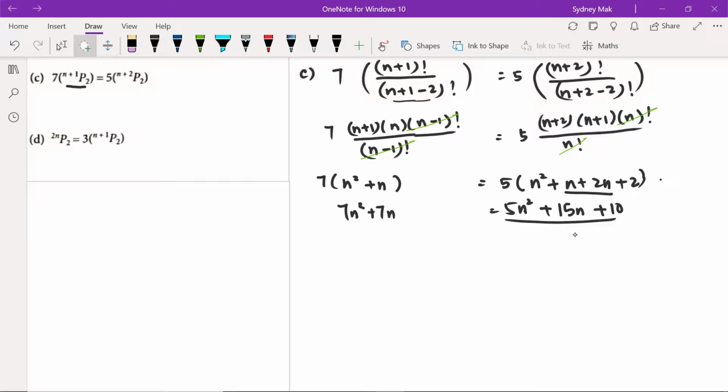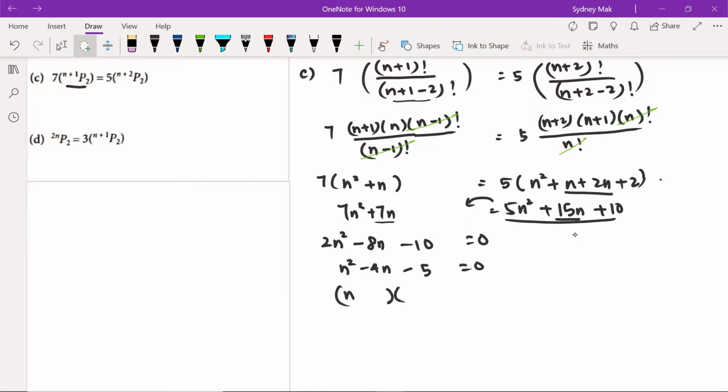Okay, group everything to the left side. So 7n squared minus 5n squared, we have 2n squared, and then plus 7n minus 15n, so negative 8n, and then minus 10 equals 0. Always simplify before we factorize. So everything divided by 2. So we will have n squared minus 4n minus 5 equals 0.